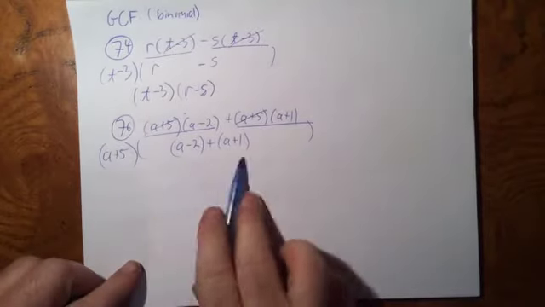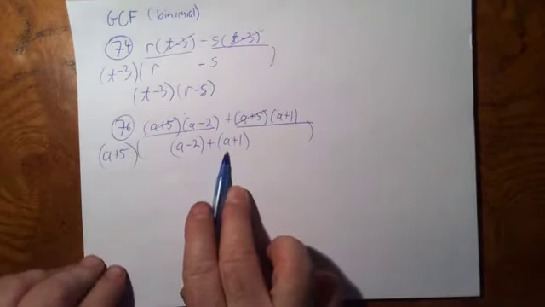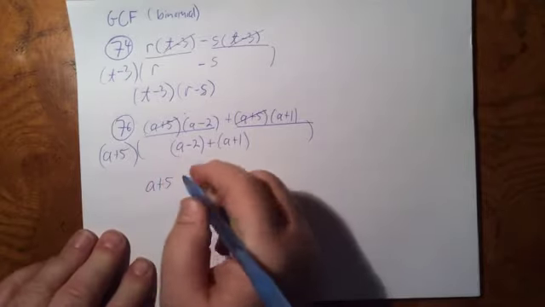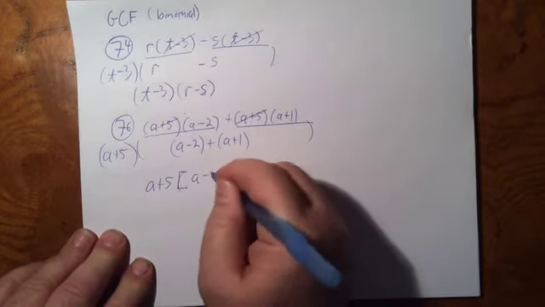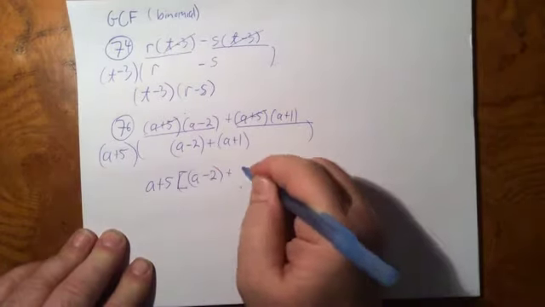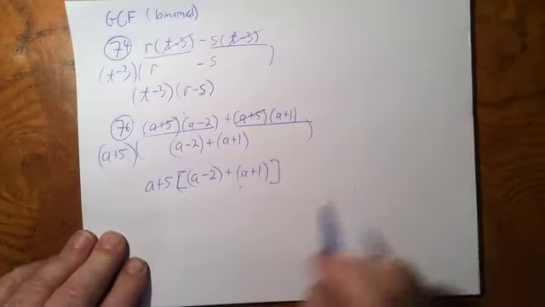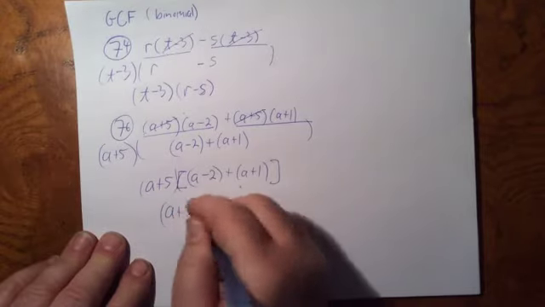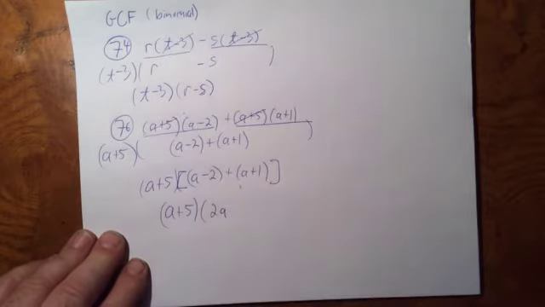Now, could we somehow consolidate these? Yes, that could be done. And in doing so, we would get the quantity of a plus 5 times the quantity a minus 2 plus a plus 1. So another way you could write this, if you wanted to take it further, is the quantity of a plus 5 times, let's see, a plus a, 2a.